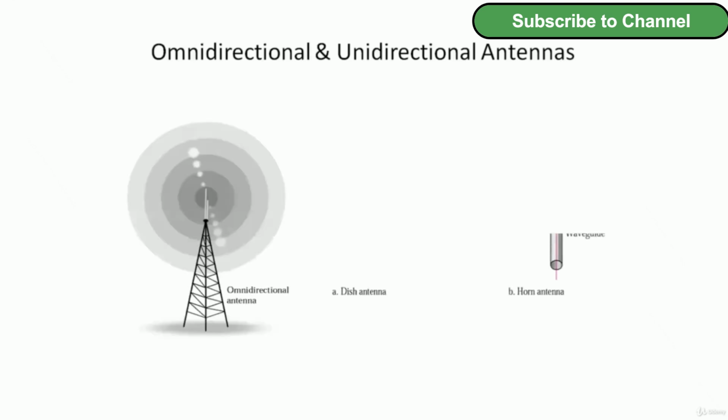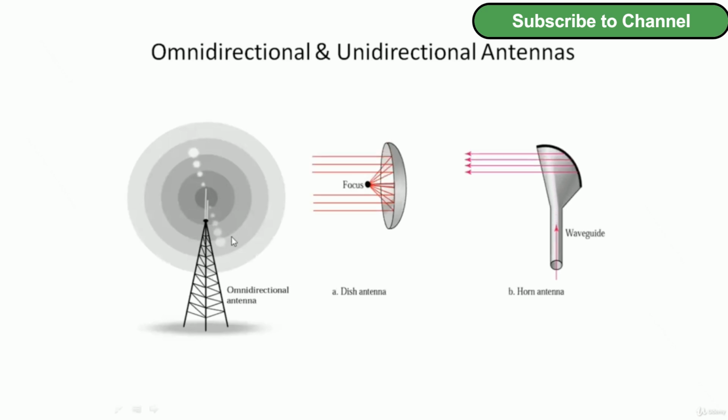Some types of antennas are used in this transmission. In this picture, the first one shown is the omnidirectional antenna. Then the second one is the dish antenna. We can see it at our home. Then this one is the horn type antenna.